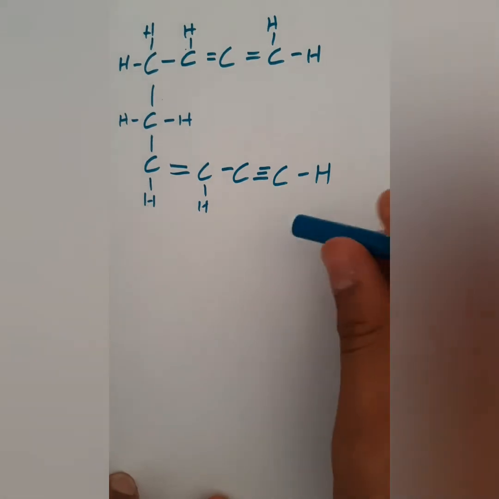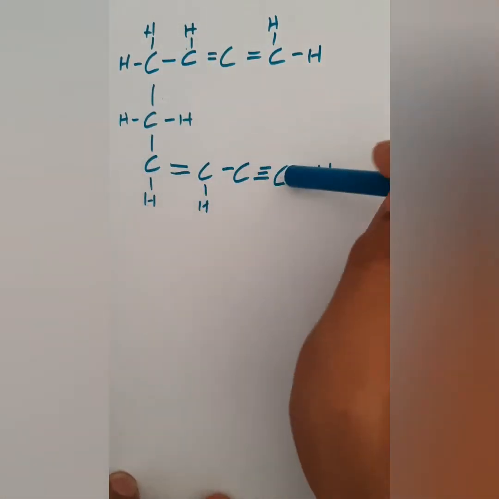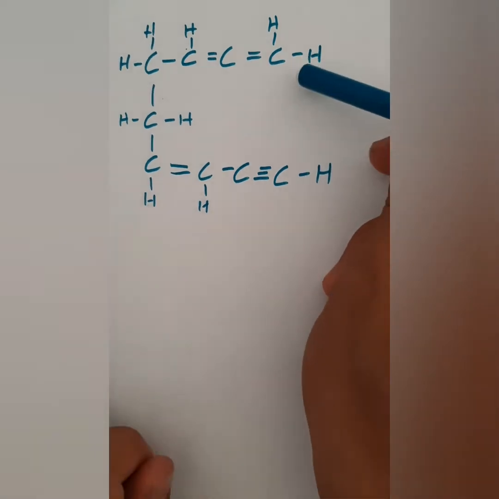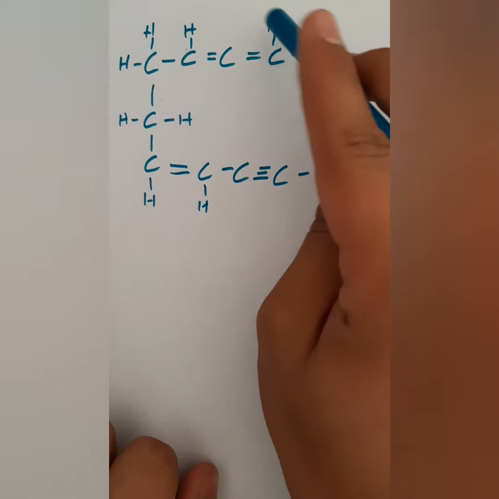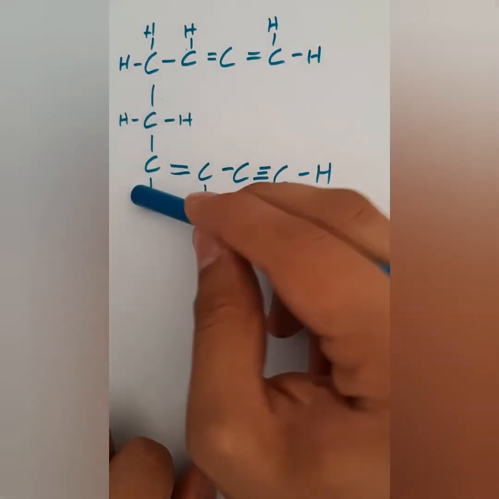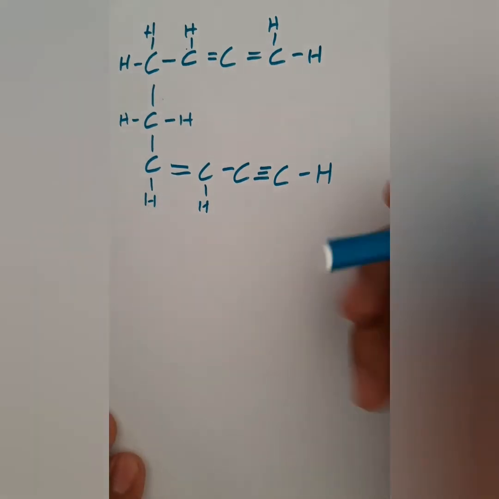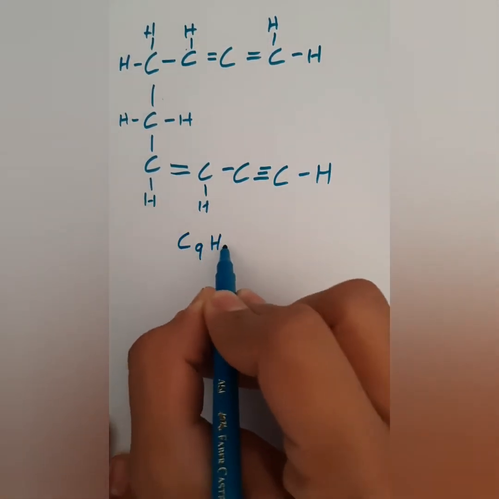So there are 9 carbon, as you can see, 1, 2, 3, 4, 5, 6, 7, 8, 9. And the number of hydrogen are 10. 1, 2, 3, 4, 5, 6, 7, 8, 9 and 10. So the formula for this one is C9H10.